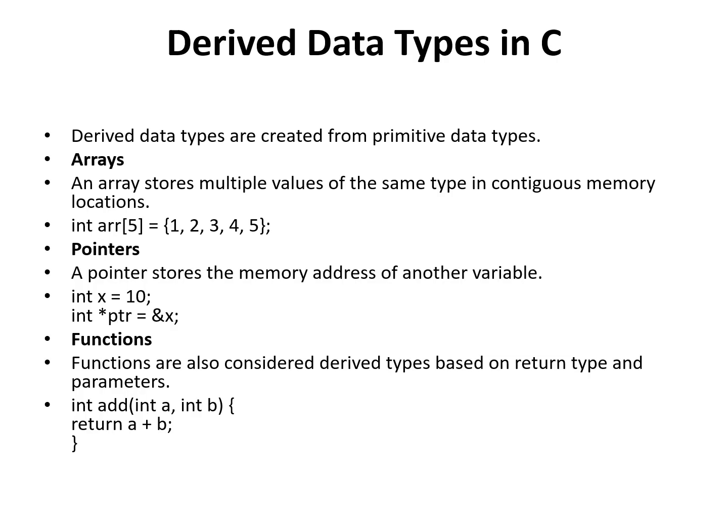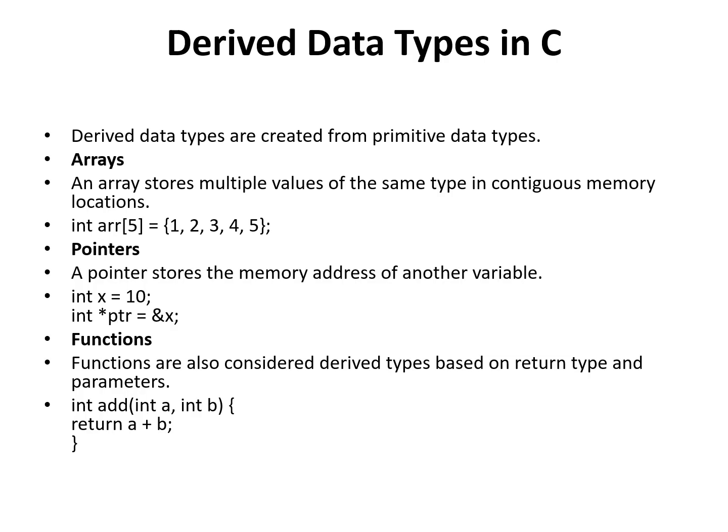The size of the array is 5. The array stores values starting with element 0, and the last element is size minus 1. The values are assigned in curly braces: 1, 2, 3, 4, 5.